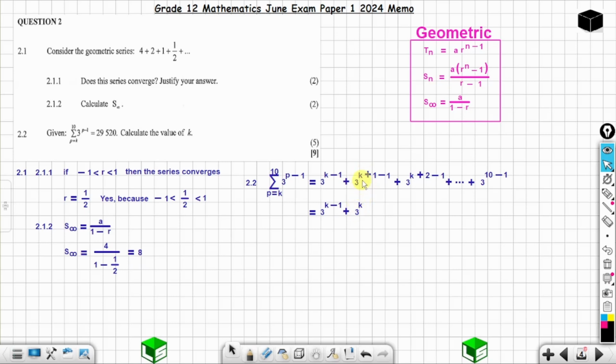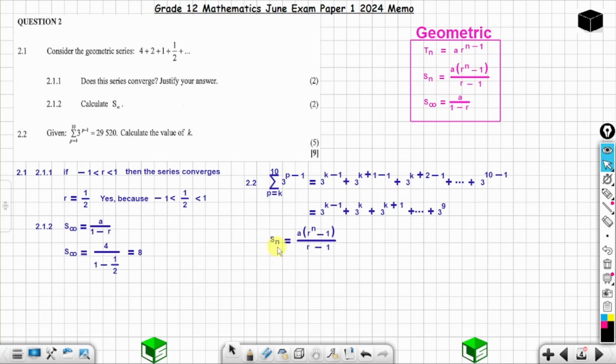Then 3 to the power of k plus 1, plus terms in between, plus 3 to the power of 9. Now we are given the sum of this, which is equal to 29,520.